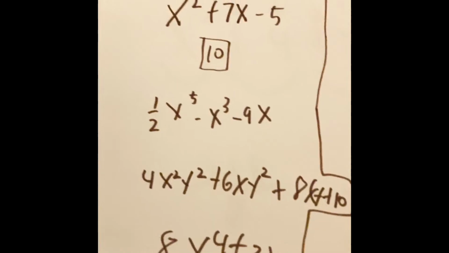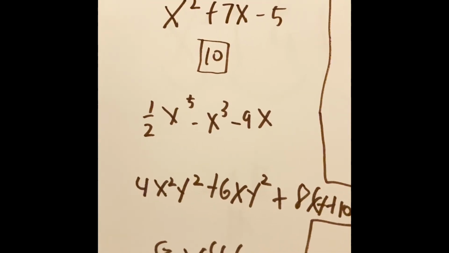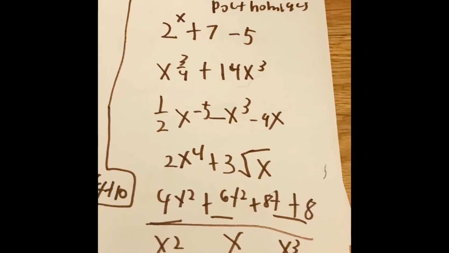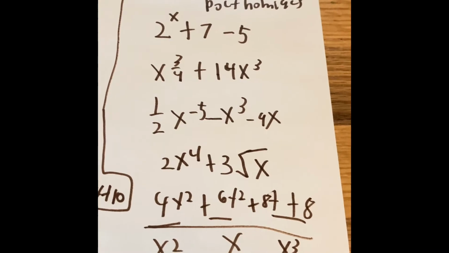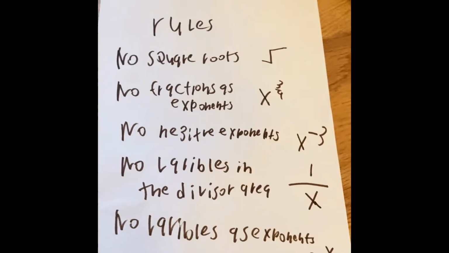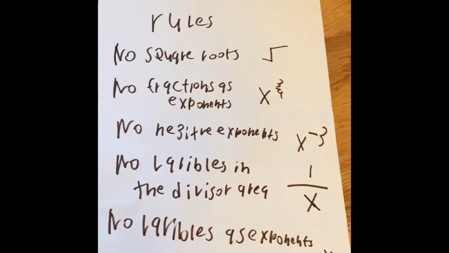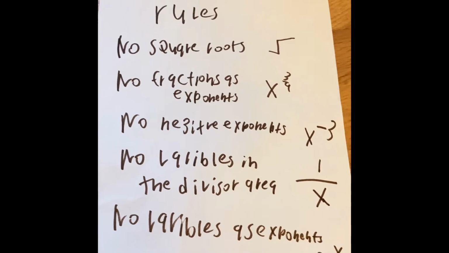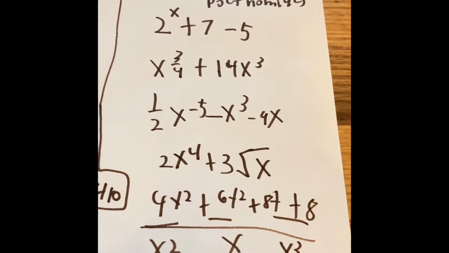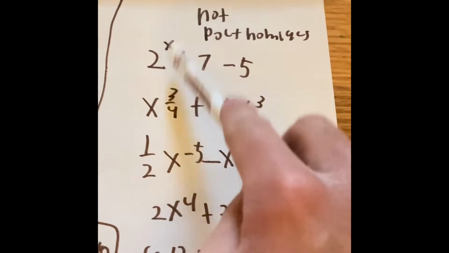We have equations that are considered polynomials and equations that are not considered polynomials. The rules are: no square roots, no fractions as exponents, no negative numbers as exponents, no variables in the divisor, and no variables as exponents. Something about these equations breaks the rules. For example, 2 to the power of x plus 7 minus 5 violates no variables as exponents.